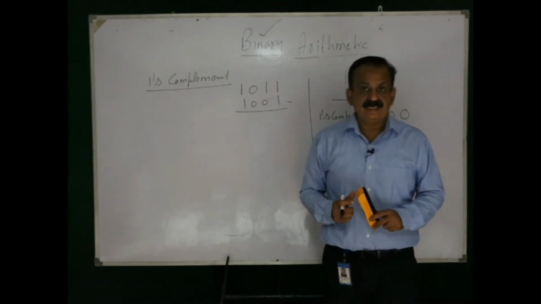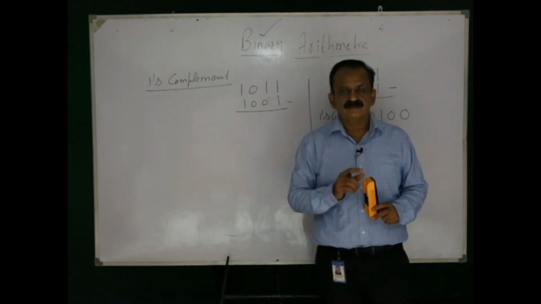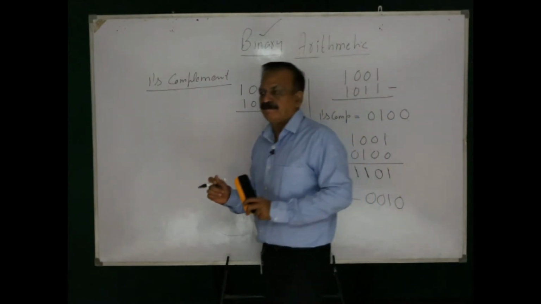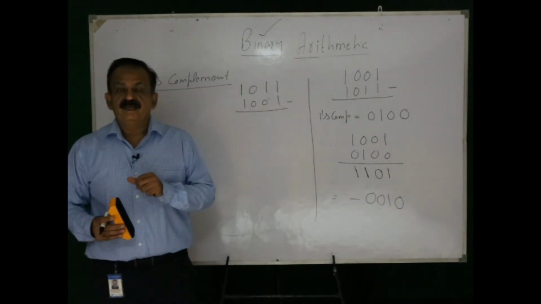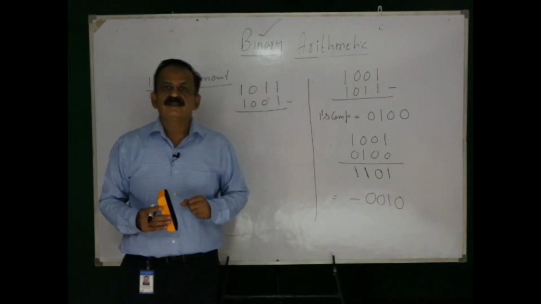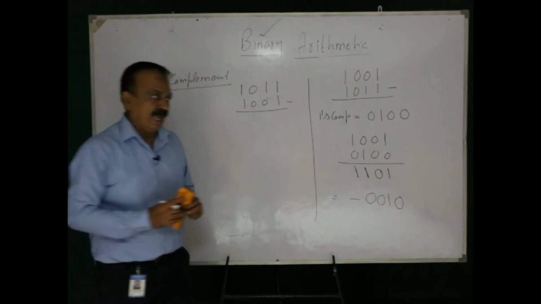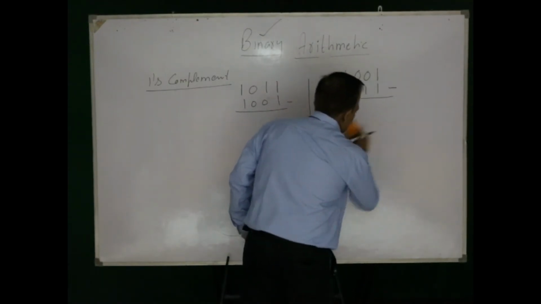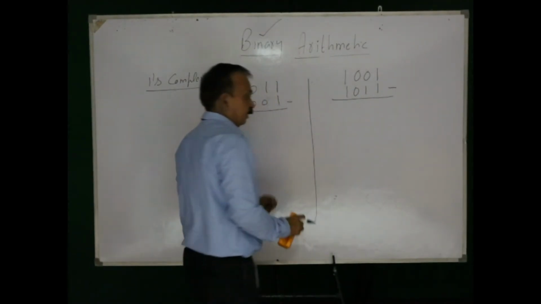If there is carry, the answer is positive, but neglect the carry. In this case, I will be neglecting the carry, and if there is no carry, the answer will be negative, and 2's complement of the result after addition.